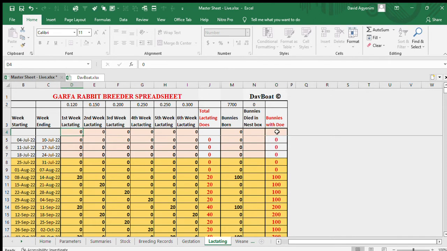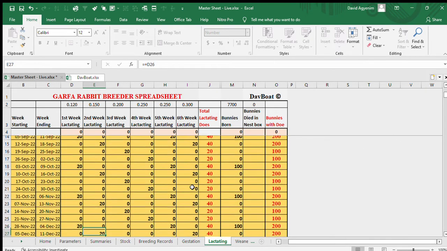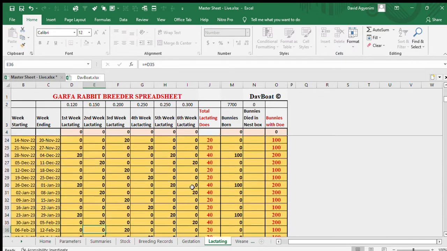This is a new farm that we are starting up, a 60 doe unit farm. We are expecting our first set of does to give birth this week, and then we move on. Also, when you come down, it gives you a projection into the future.